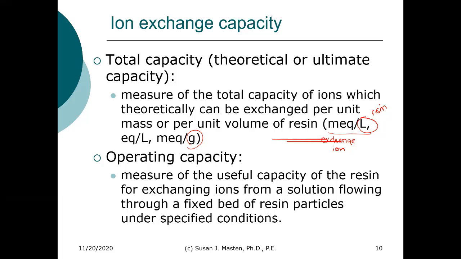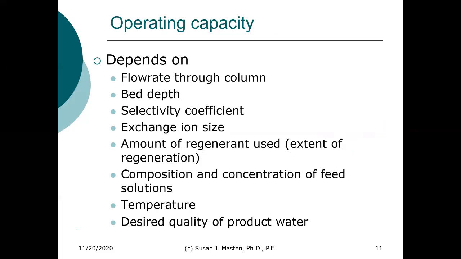And that's going to depend on a number of factors, including, we talked about the selectivity. So which ions are you removing? And the competition. So it's really what other ions do you have in solution? It's also a function of the flow rate through the column.